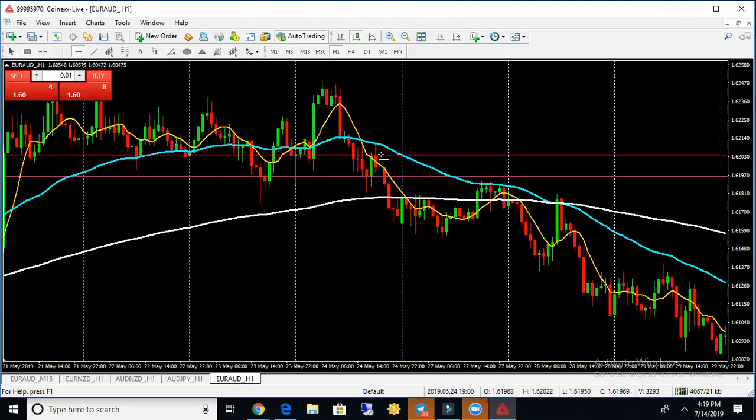I would like to set the stop loss. You can either set it right here, or right here where it went before it went back down. I like to actually set it on the second candle, like right here.